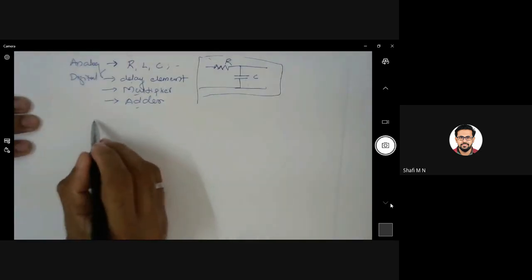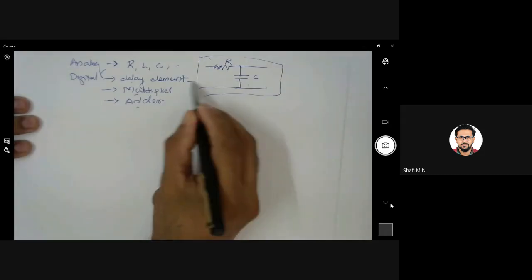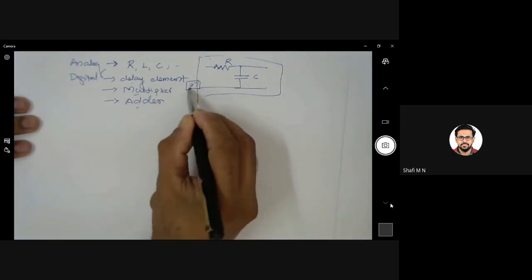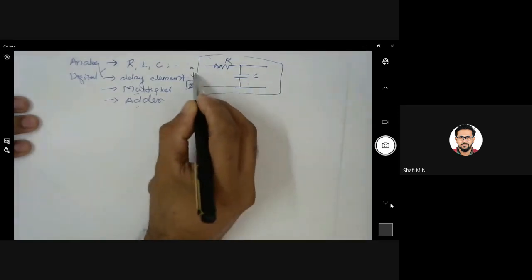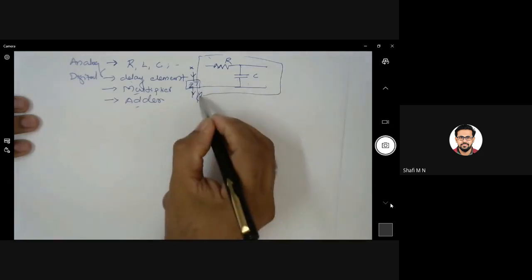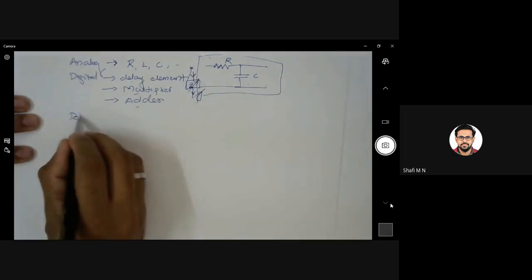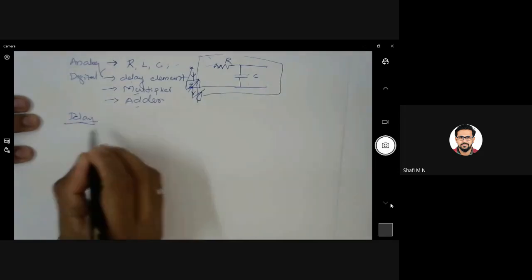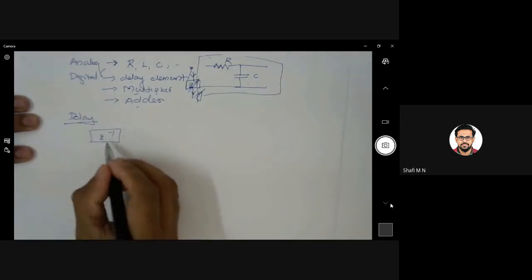Delay element will be represented like this. You will have a block z raised to -1. So this implies, see here, if you have x flowing through this channel, y will be a delayed version of x in time. Delay element, you will have a block like this, z raised to -1.